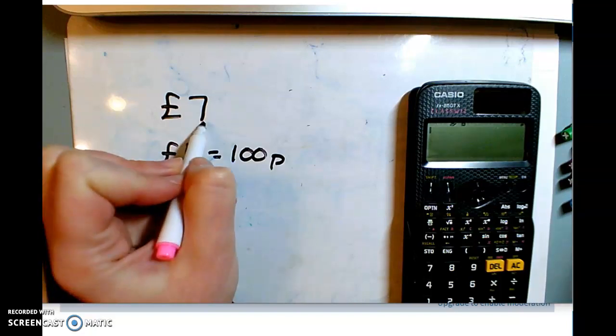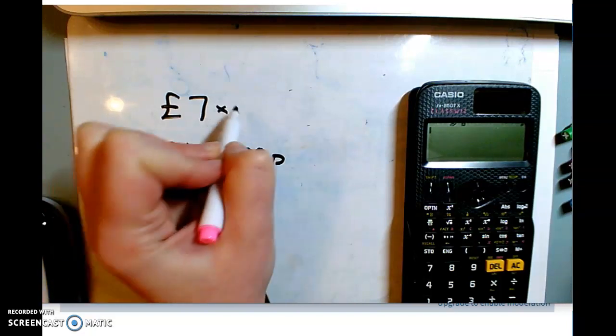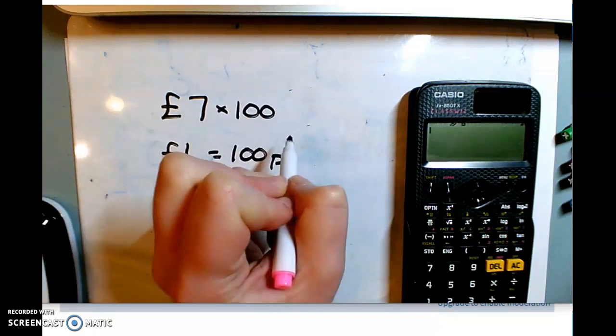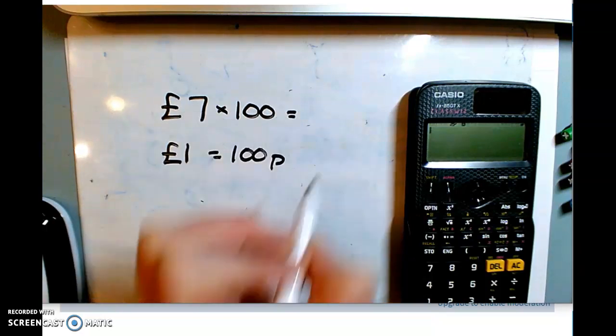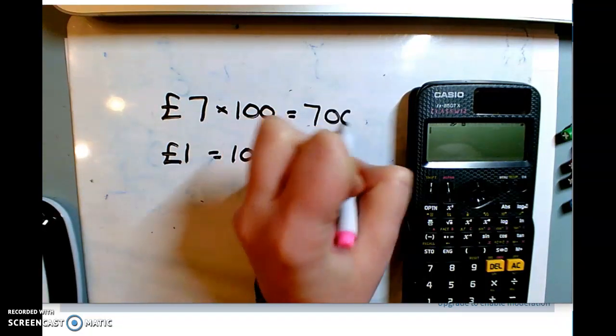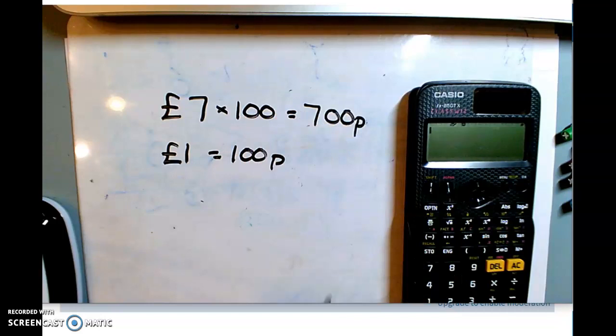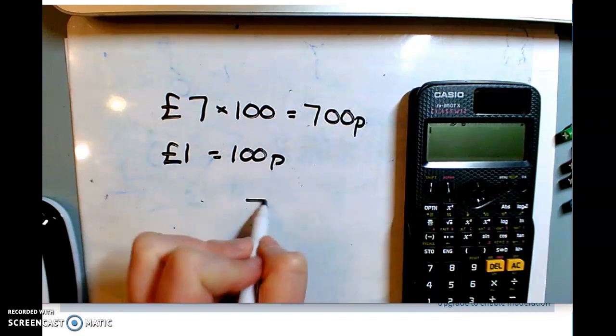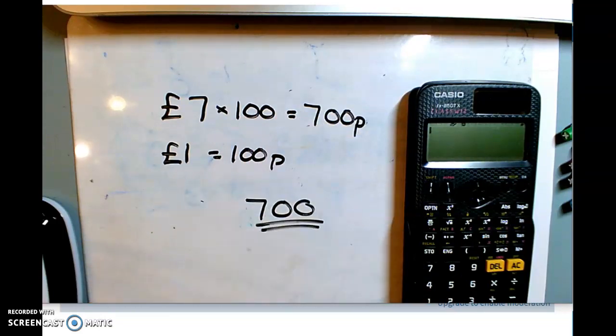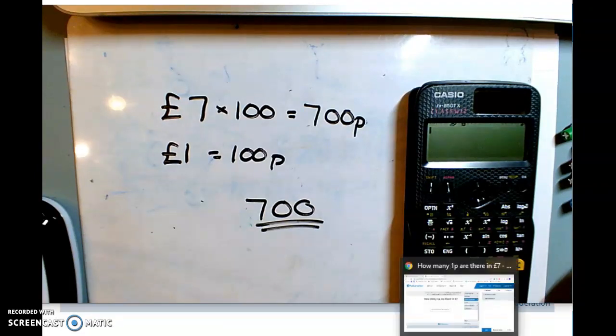So if I had 7 of those, we have 7 lots of 100, so that is going to be 700 pennies. So I have 700 of them. So 700 1p coins are going to be in 7 pounds.